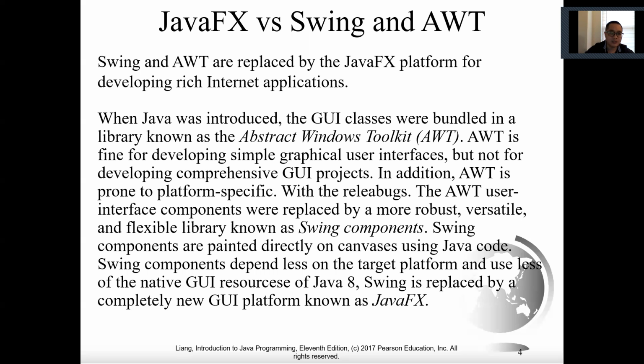The Swing components are painted directly on canvas using Java code, depend less on the target platform, and use less of the native GUI resources. So it is more cross-platform, as the property of Java is to implement cross-platform applications.